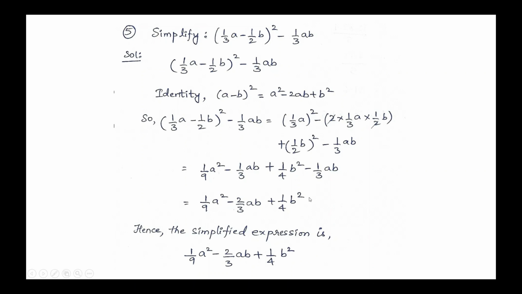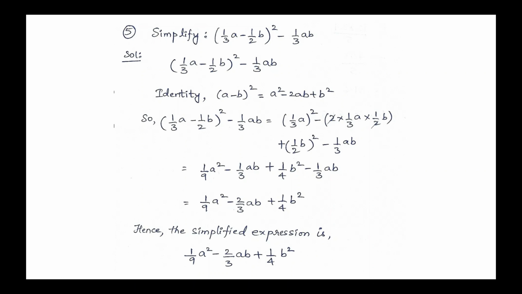Question number 5 is, simplify (1/3a − 1/2b)² − 1/3ab. So the solution is, the given expression to simplify is (1/3a − 1/2b)² − 1/3ab.